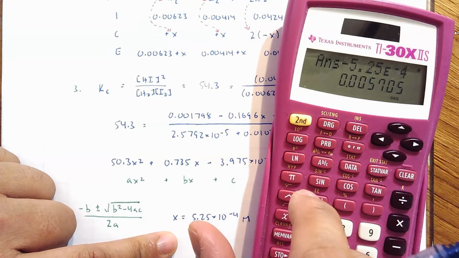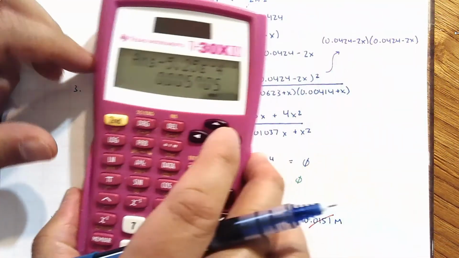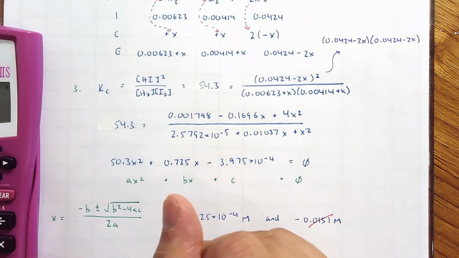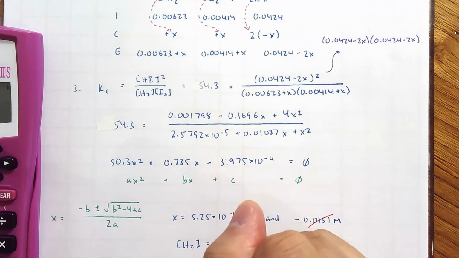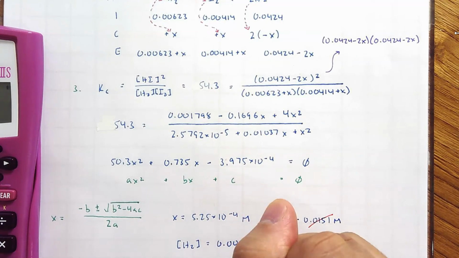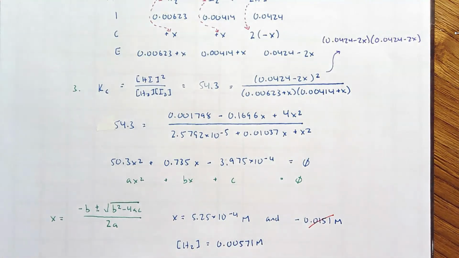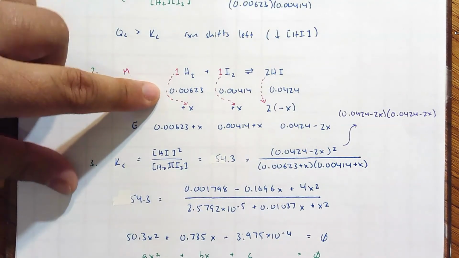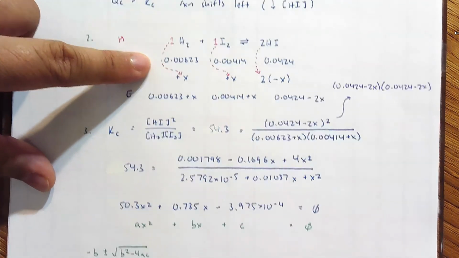So, is that right? Yeah, that's right. So for the concentration of H2, we get 0.00571 molar. So there is a change. Okay, it's small, but you do see a difference from where it initially started to what it ended up with.